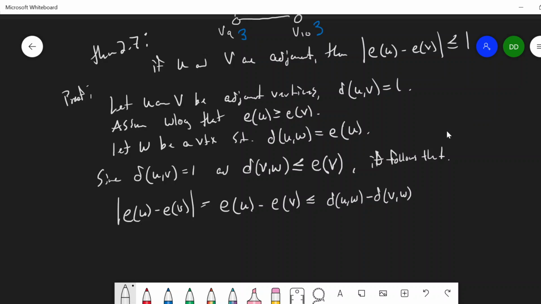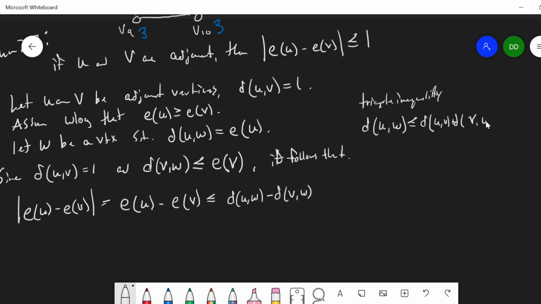So what do I do from here? The triangle inequality says that the distance from U to W is less than or equal to the distance from U to V plus the distance from V to W. If I rewrite this, the distance from U to W minus the distance from V to W is less than or equal to the distance from U to V, which is equal to 1.